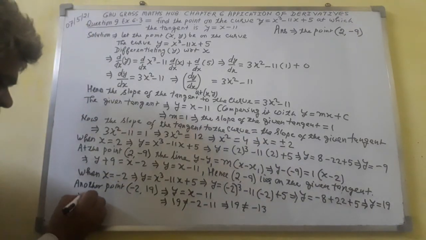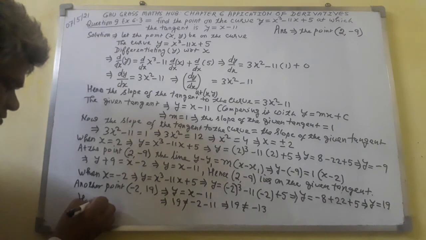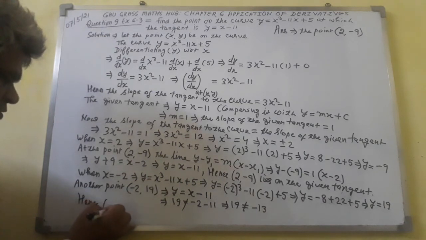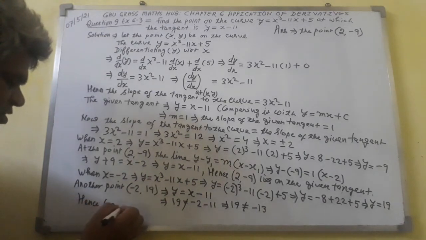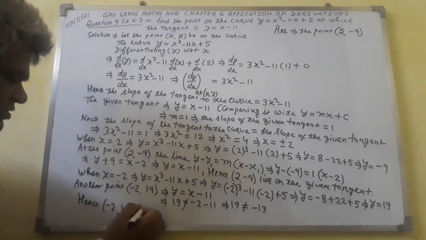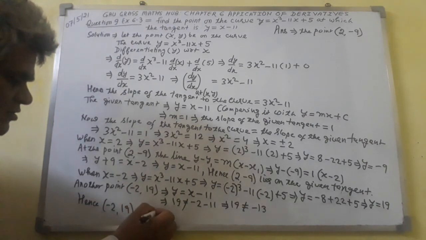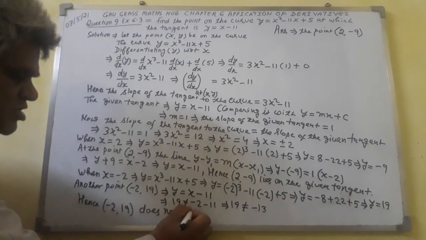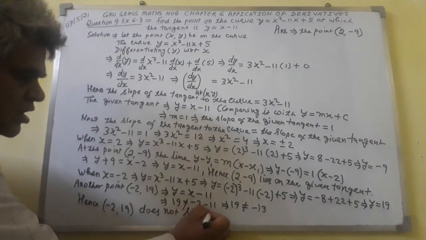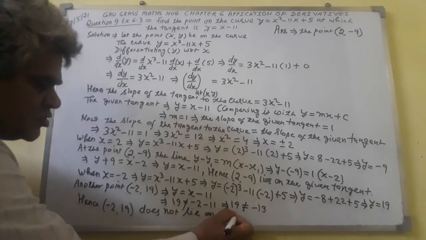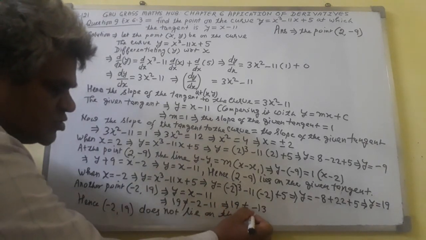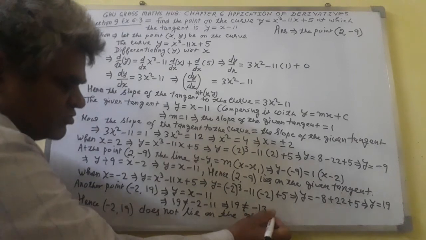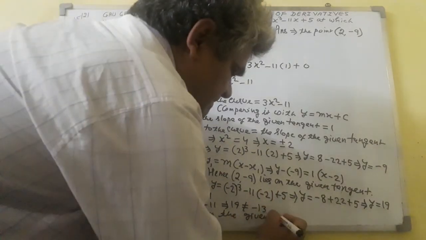Hence, minus 2 comma 19 does not lie on the given tangent.